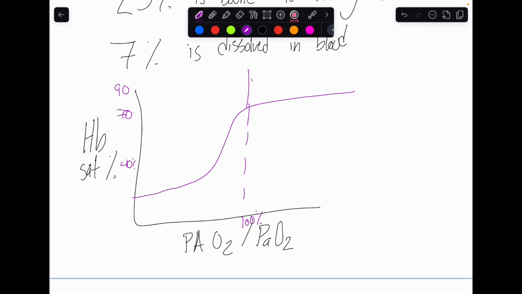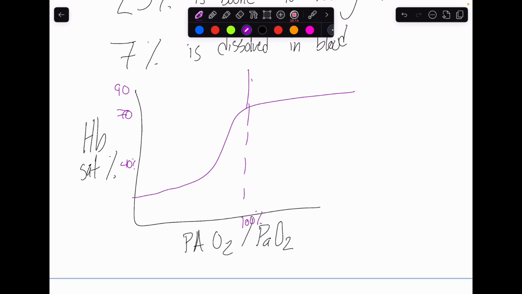Everybody's different. And we just don't want them to be kind of messed up. So, for instance, you can have a left or right shift.